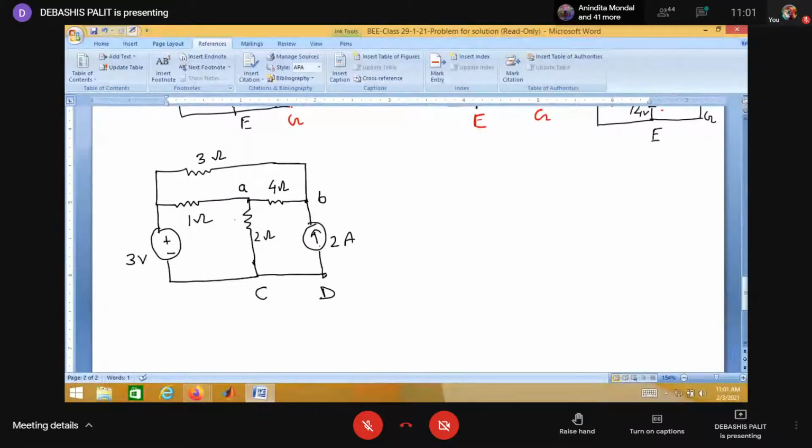So C and D are same point. You can go from C to A and A to B. So you can drive this current source from C to A and A to B.